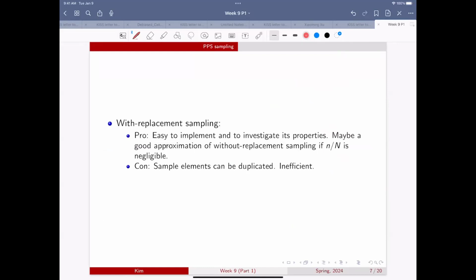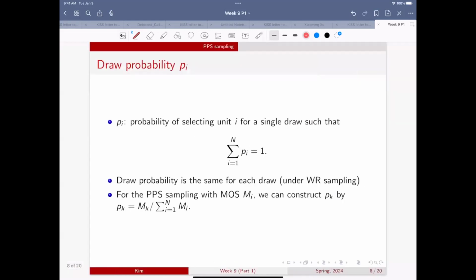But the con is that it may be inefficient because you end up obtaining duplication in the sample. Why select the same person and ask the same question? That's a little bit unattractive. Anyway, at least it's a good start for understanding unequal probability sampling.